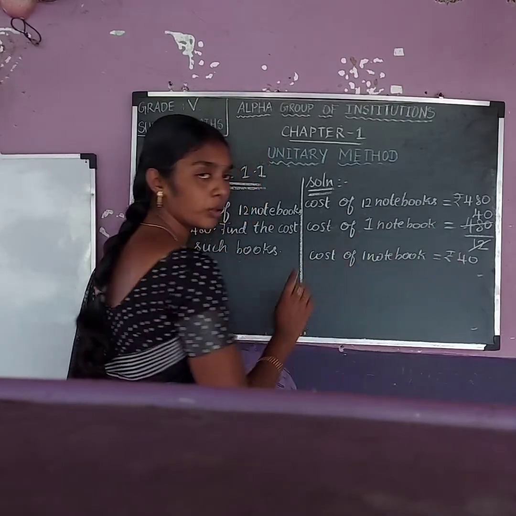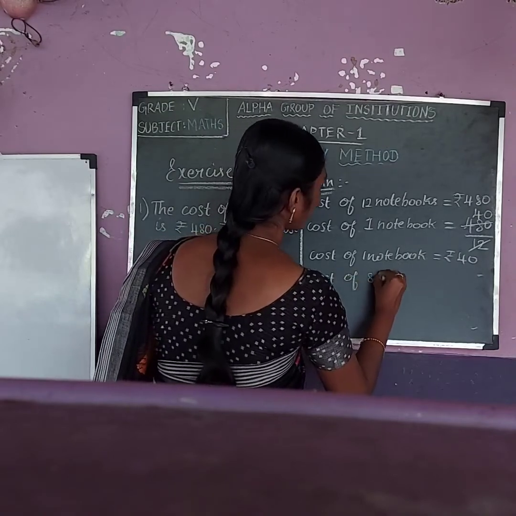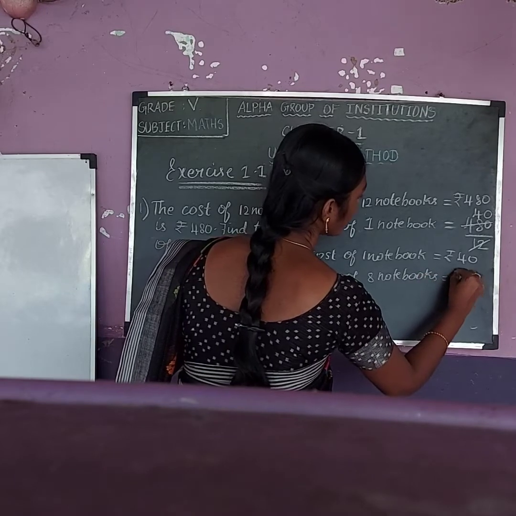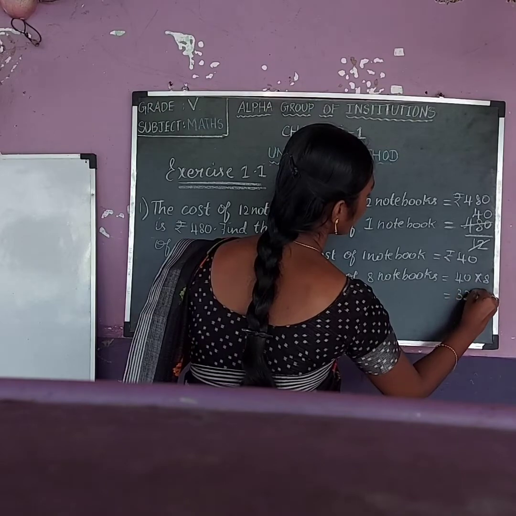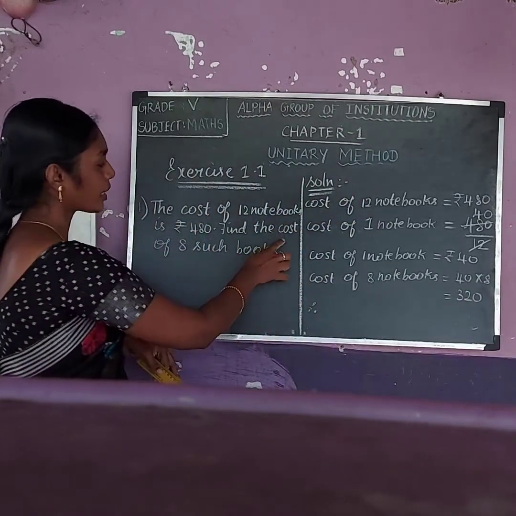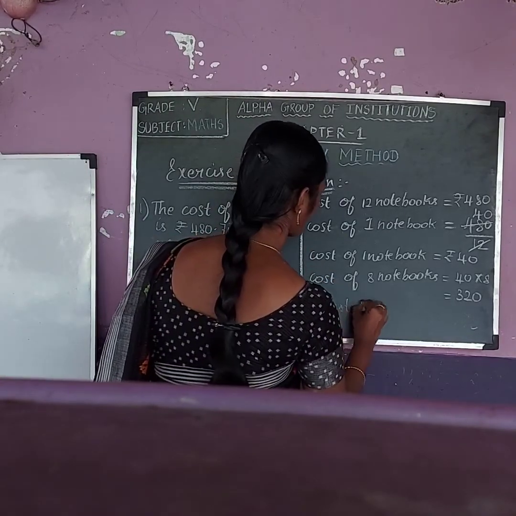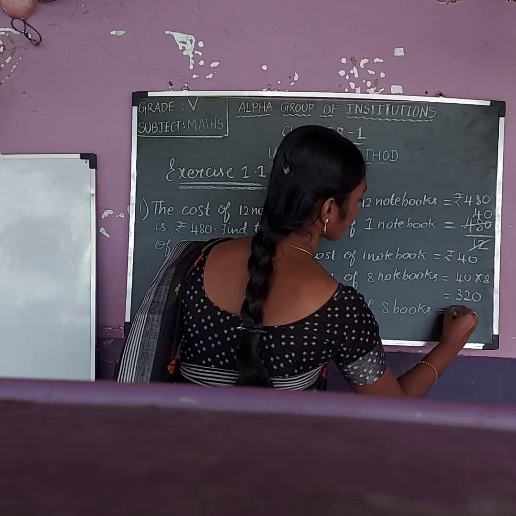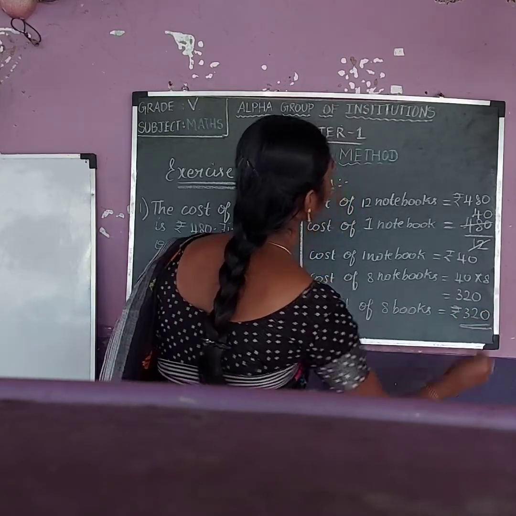Cost of 8 notebooks is equal to 40 into 8, that is 320. So the cost of 8 books is rupees 320.